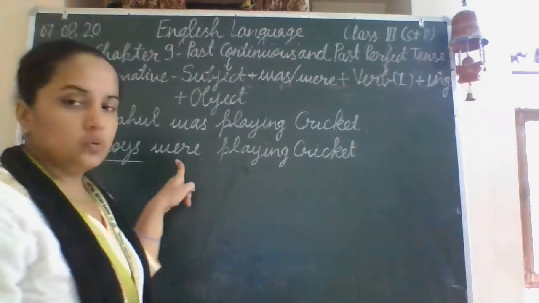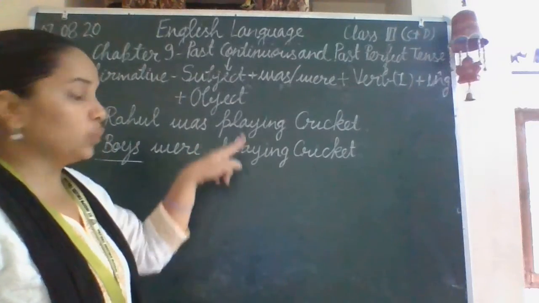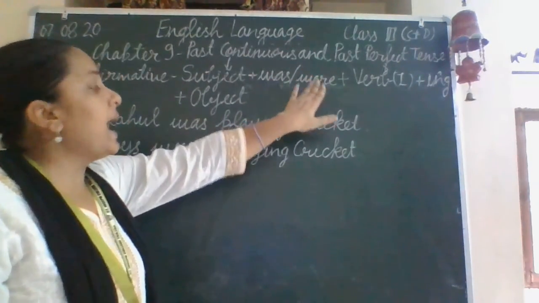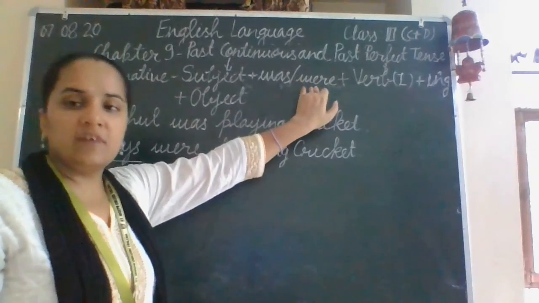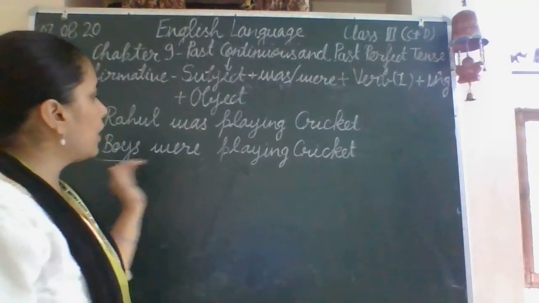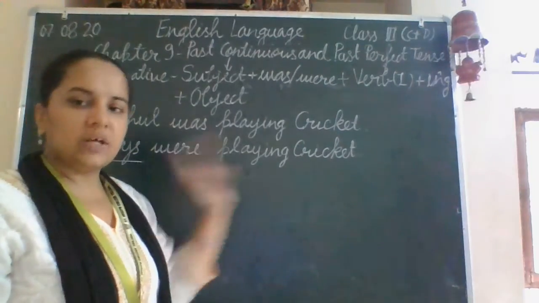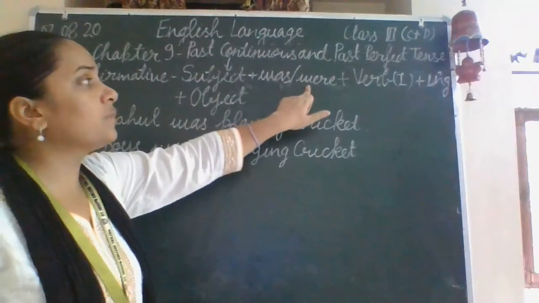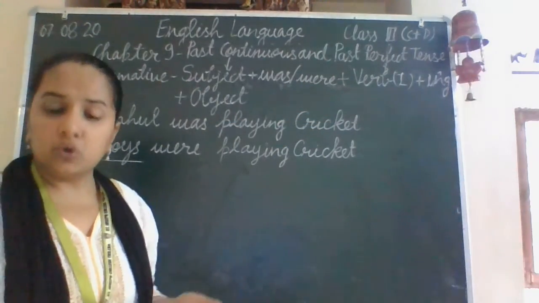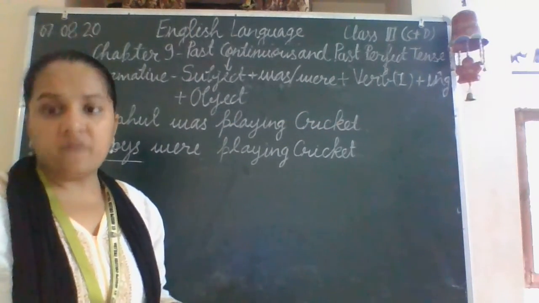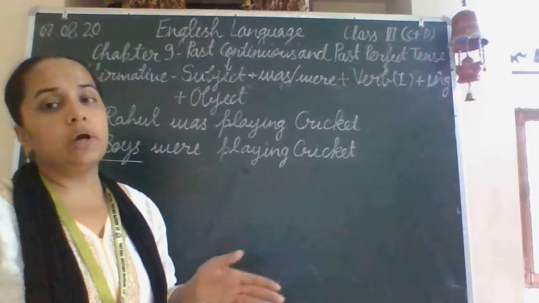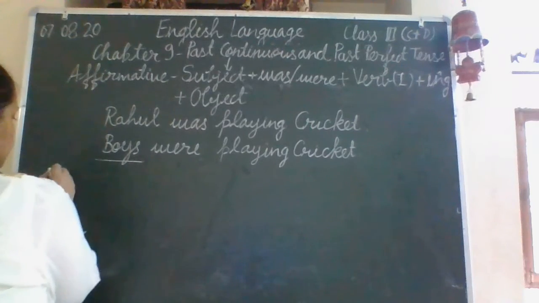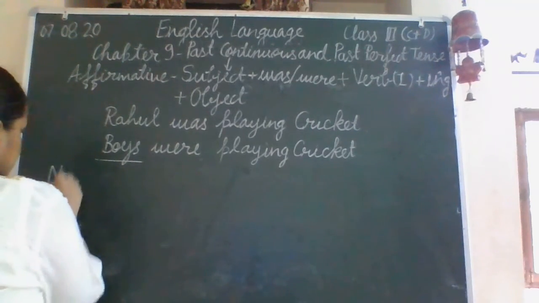So I have used were, because I told you that with the singular we will use was, and with the plurals were will be used. So, boys were playing cricket. The rest of the structure of the sentence will be similar. Only the use of the helping verb will depend on the subject of the sentence, whether it is singular or plural.